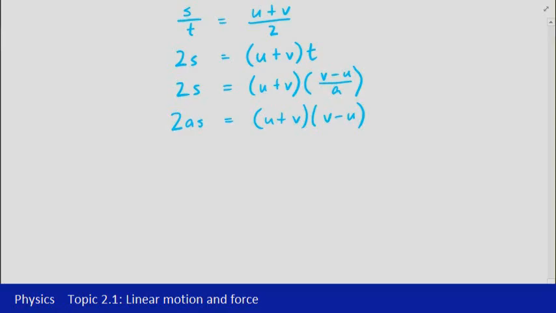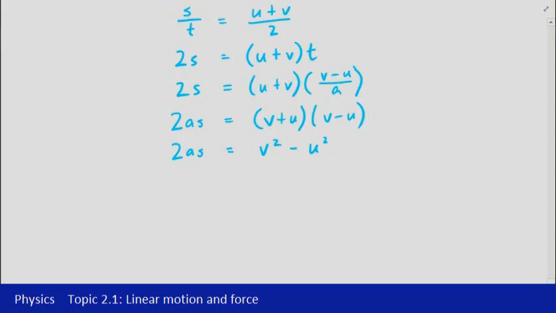If I just change the order of this first bracket, so u plus v is the same as v plus u, the reason why I'm doing that is that we've now got, if you know your maths and you know your expansion, an expression for the difference of two squares. So we can write that as 2as is equal to v squared minus u squared. If you're not quite sure about that, then just go through and expand the brackets and you'll find that that's the answer that you get.